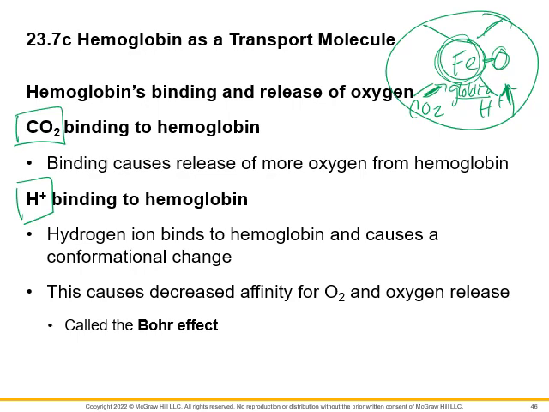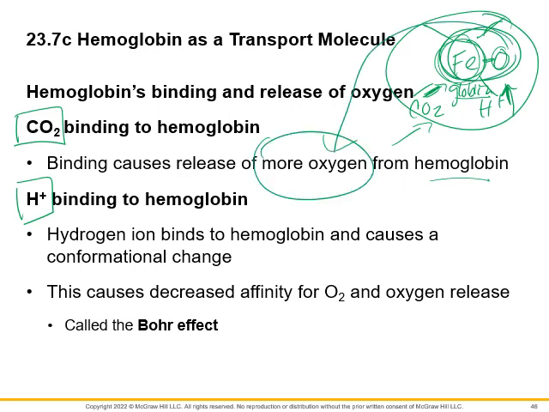So what they're saying is if carbon dioxide binds the protein, the hemoglobin, it can cause the release of more oxygen. It's almost like a trigger. Like if CO2 jumps on, the oxygen jumps off. Same thing with the hydrogen here. If the hydrogen ions bind the hemoglobin, it causes oxygen to be released.